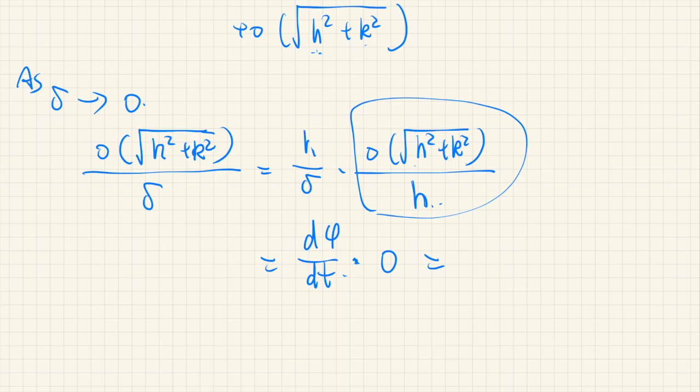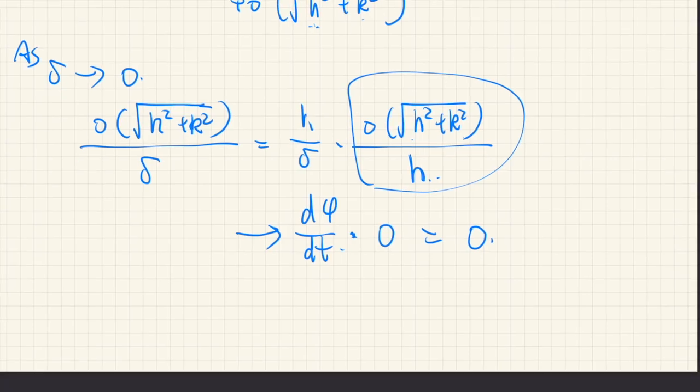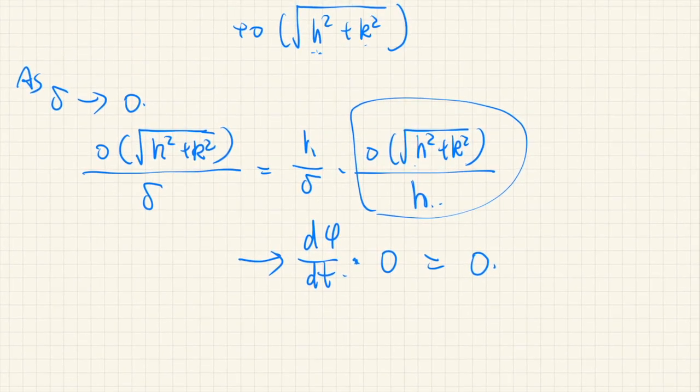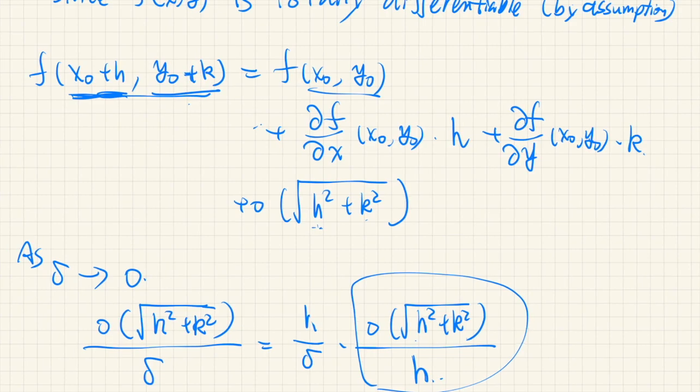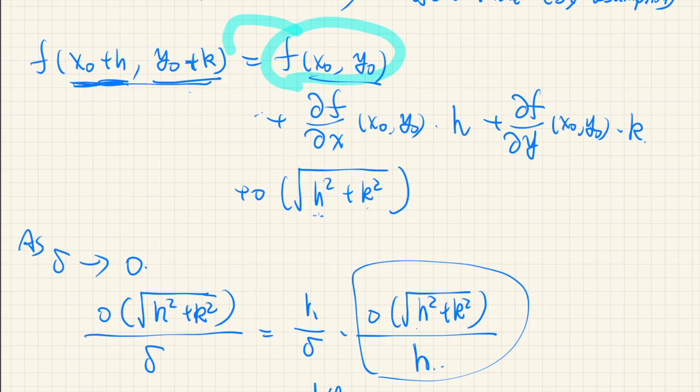Maybe I should write, instead of equal, converges to 0. So therefore, if we move this term to the left and divide everything by delta, we have the following.